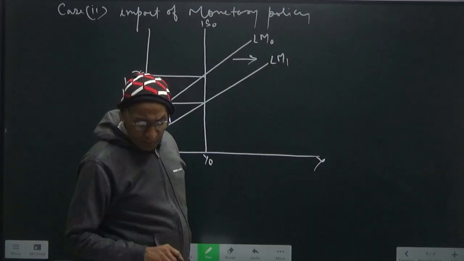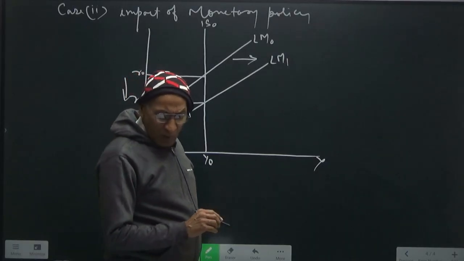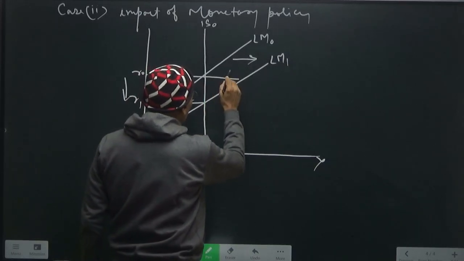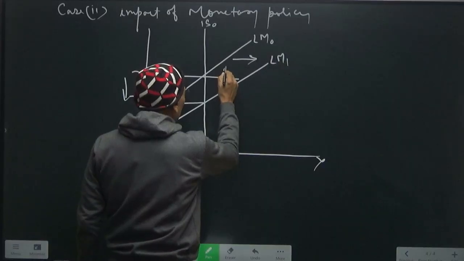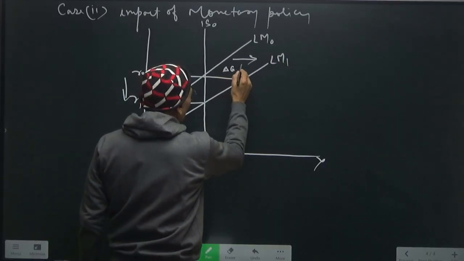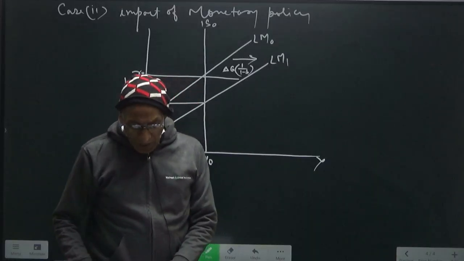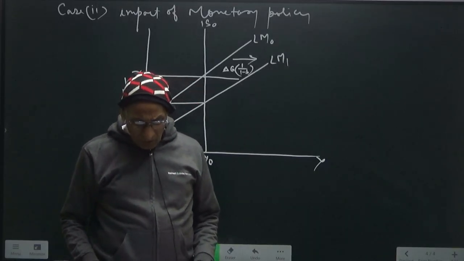and how much will it be? It will be like this, delta G times 1 by 1 minus B. This will work as a multiplier. Okay.